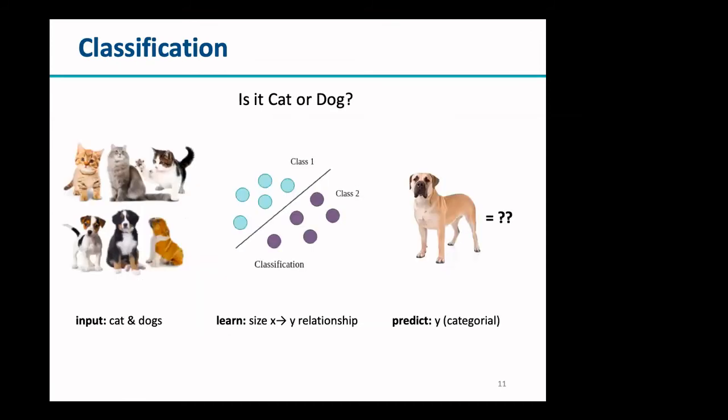The other category is the classification algorithms or techniques. You have some images and you want to decide, is it a cat or a dog? Here you see you should again learn a relationship between the data and the category or class labels.